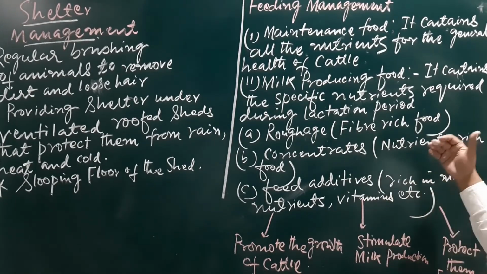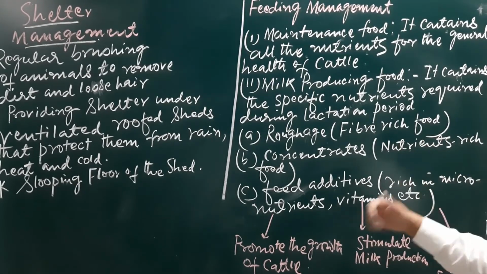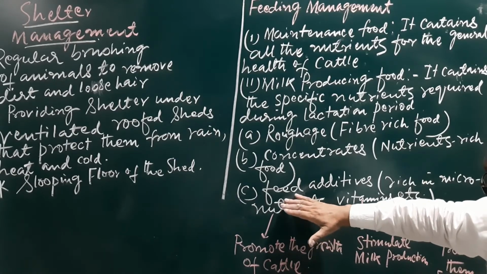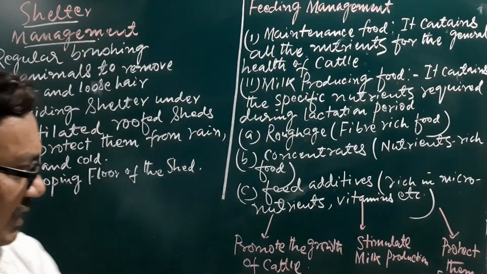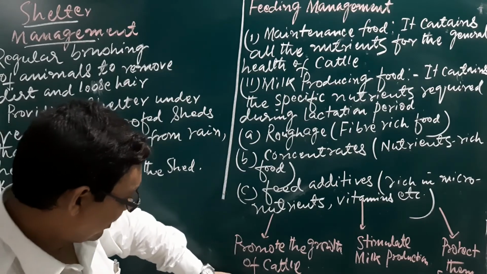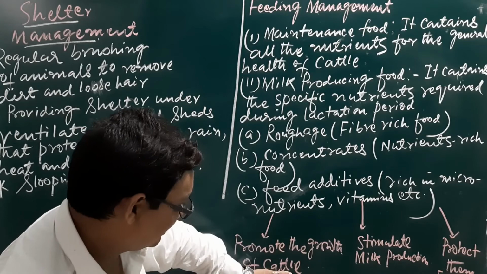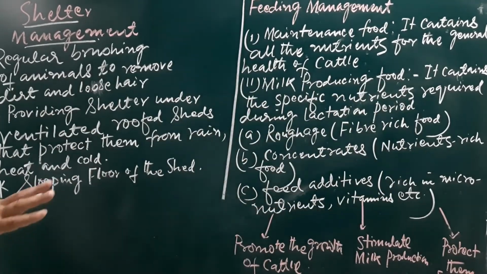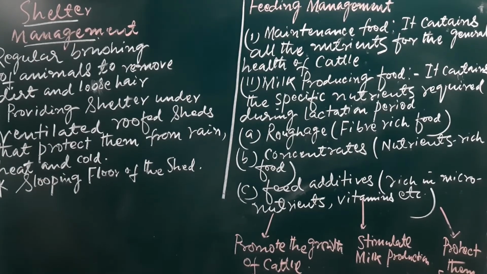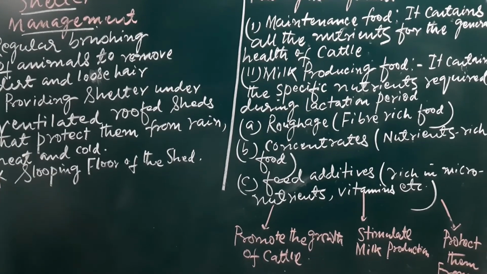And the third one is the feed additives, rich in micronutrients, vitamins, etc. They can promote cattle farming in three ways: promote the growth of cattle, stimulate milk production and protect them from diseases. So these are the two different points in connection with the management.